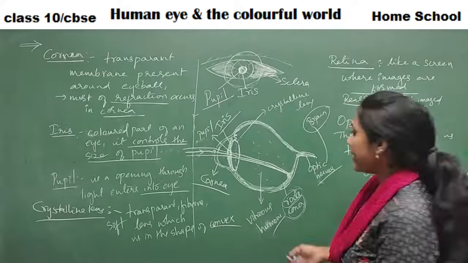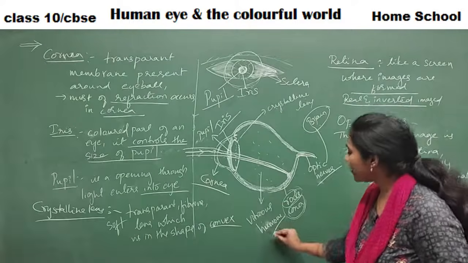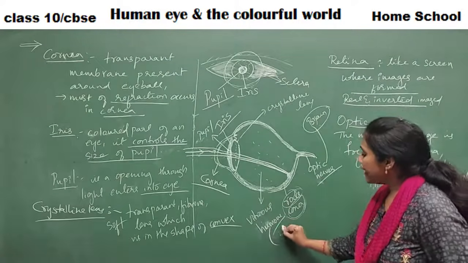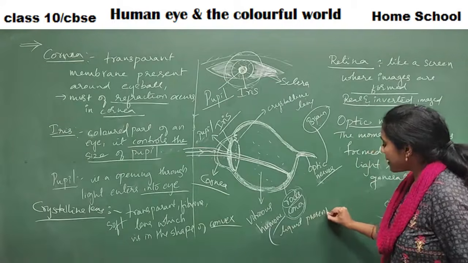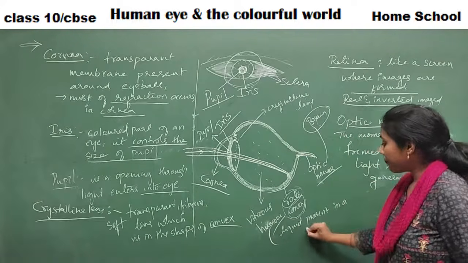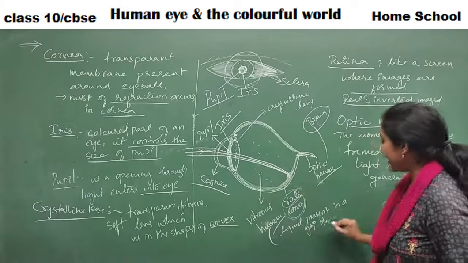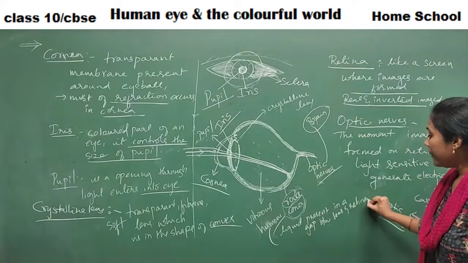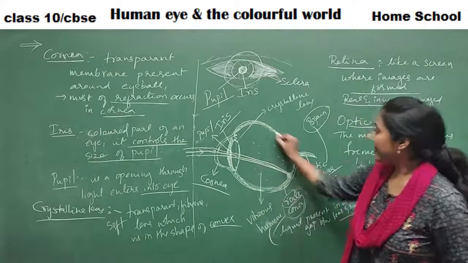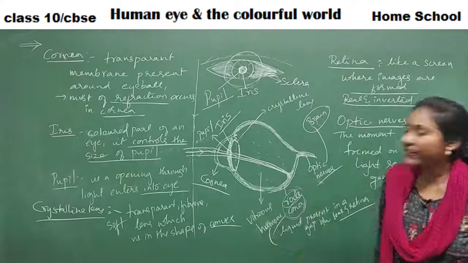Let me write the definition. It is a liquid present in the gap between the lens and the retina. Yes or no? Between the lens and the retina, you have this gap where the liquid is. That is what we call vitreous liquid.